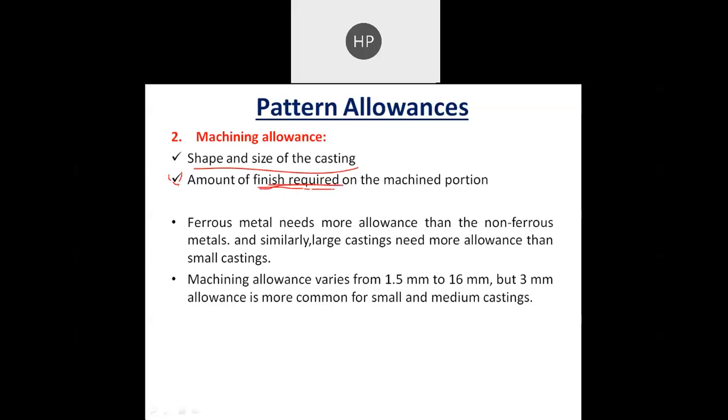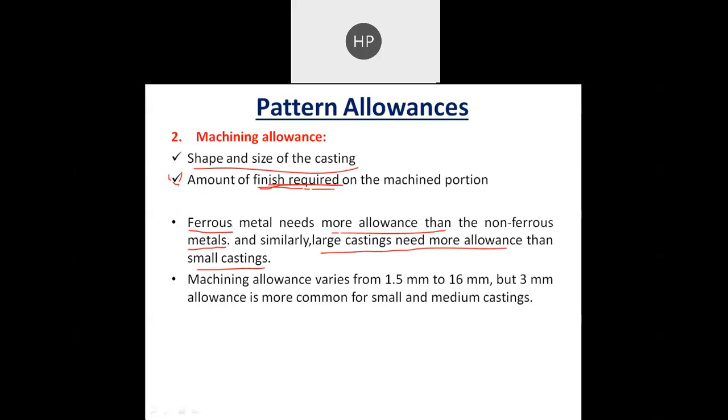Okay, so ferrous metal needs more allowance than non-ferrous metal, and similarly a large casting needs more allowance than a small casting. This is the general rule of thumb that you apply on machining allowance. Ferrous metals means iron as a base component, like steel and cast iron.